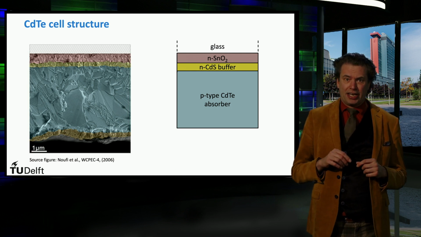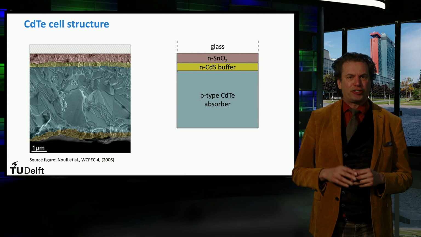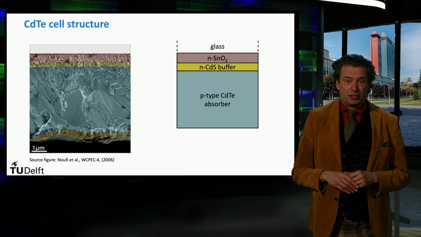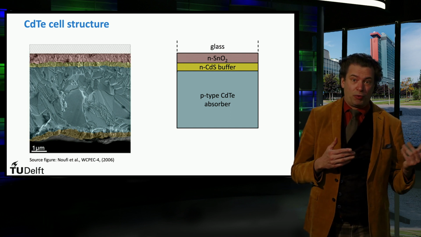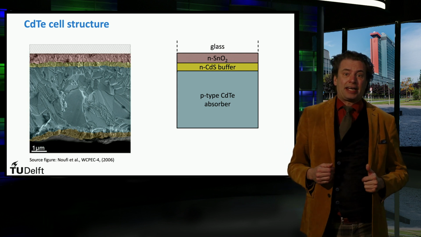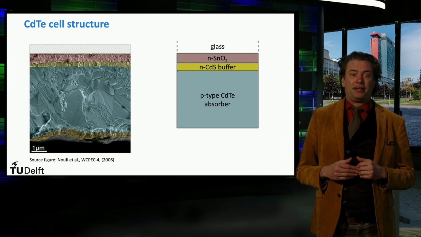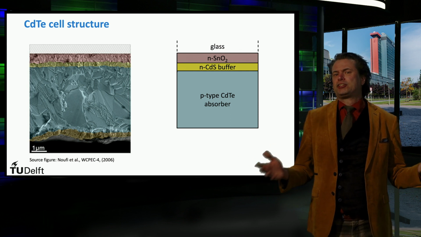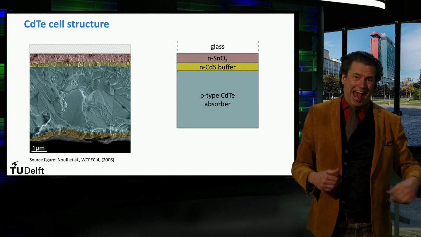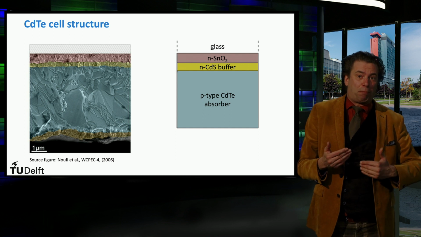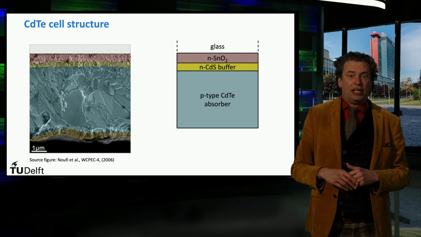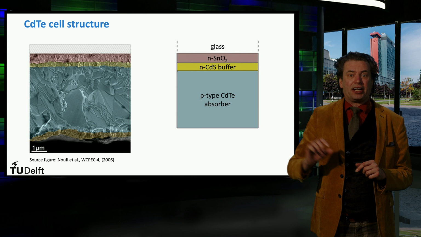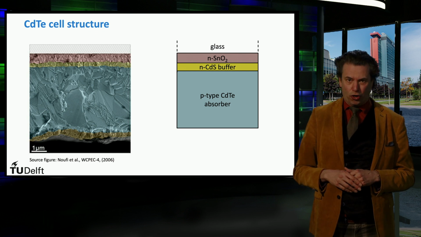By depositing in a superstrate configuration, the interface of the cadmium telluride layer with the metal back contact can be controlled better than in a substrate configuration. For instance, the cadmium telluride layer can be etched chemically before depositing the metal contact, creating a tellurium-rich layer and thereby increasing the doping concentration.